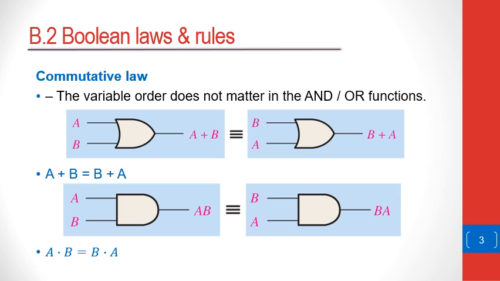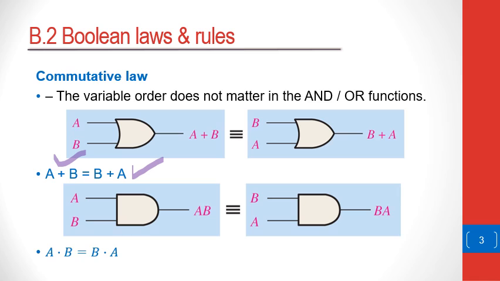Looking at the commutative law, what it simply says is that the order of the variables does not matter in the end or functions. What it means is that if you have A plus B, or A or B, the result will be the same as when you have B or A, which is also intuitive.